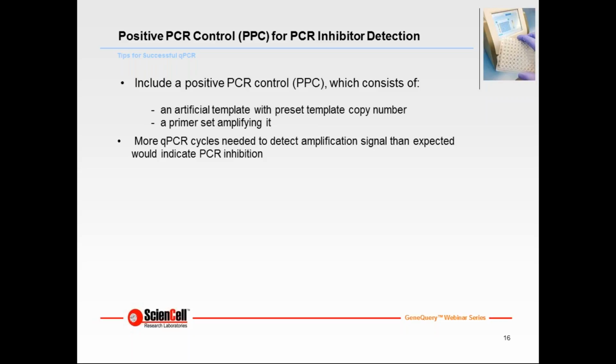The PPC should consist of an artificial DNA template with preset template copy number and a primer set that can amplify it. Because the copy number is certain, the number of cycles required to detect amplification is fixed. More cycles needed than expected would indicate PCR inhibition.